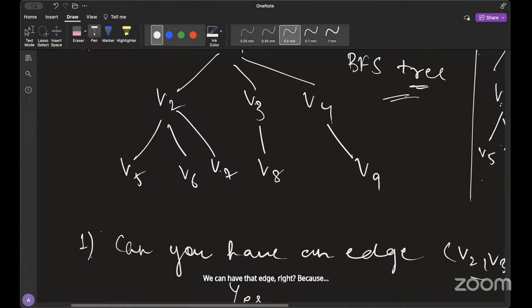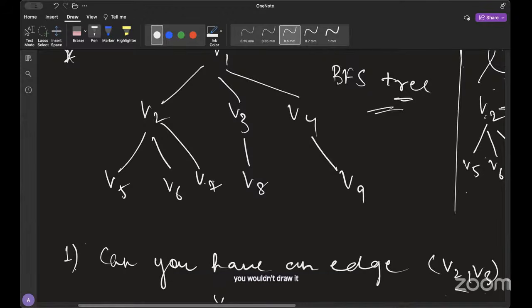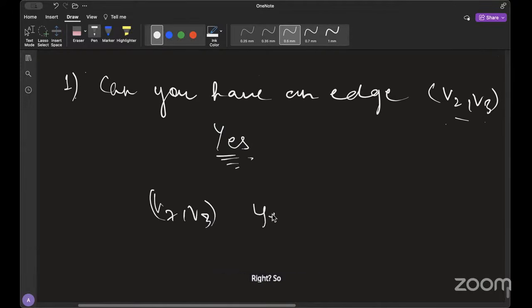Because even if V3 and V7 were an edge in the original graph, you wouldn't draw it here because in the BFS tree you only write vertices one time. So if V7 has been covered under V2, you don't cover it again under V3. That's the rule for the BFS tree. So even if there were an edge from V3 to V7 in the original graph, because V7 has been written under V2, you won't be writing it again under V3. So this can be an edge.